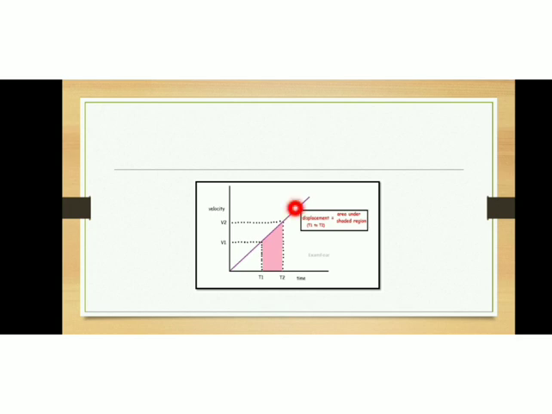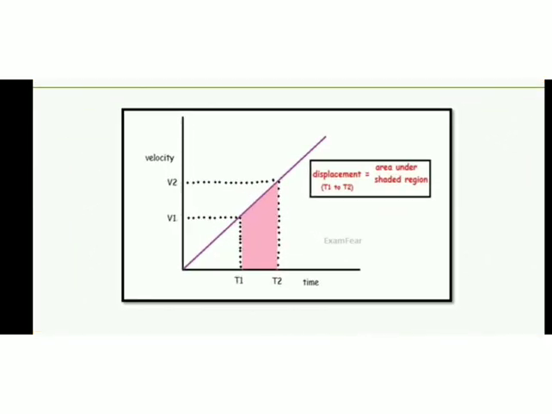See, what I told you just now has been shown here. Consider the area below the graph. This shaded portion represents the area below the graph. If we want to find out the area below the graph between the time intervals t1 and t2, the time interval is also very important.